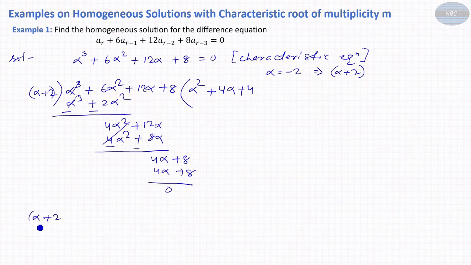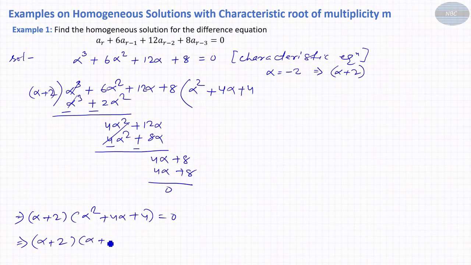So this equation can be written as alpha plus 2 into alpha square plus 4 alpha plus 4 equal to 0. So this is the formula for a square plus 2ab plus b square, for a is alpha, b is 2.